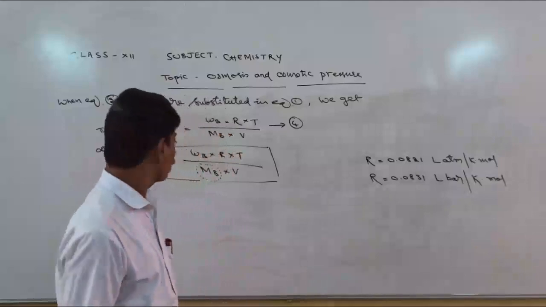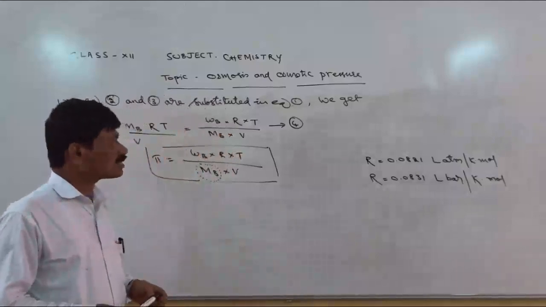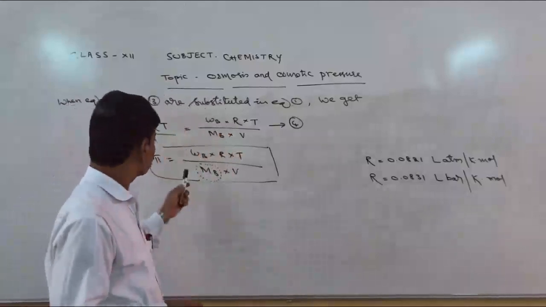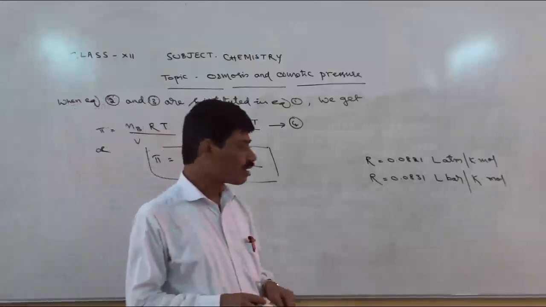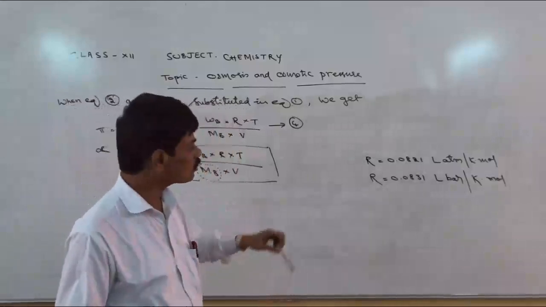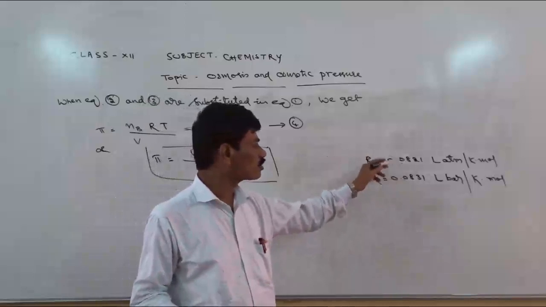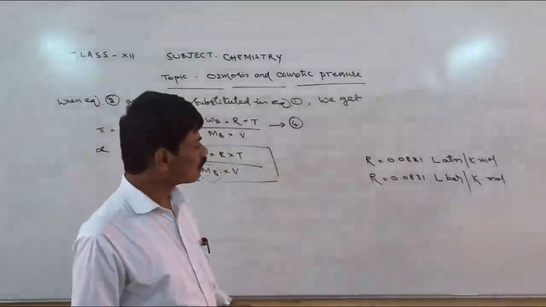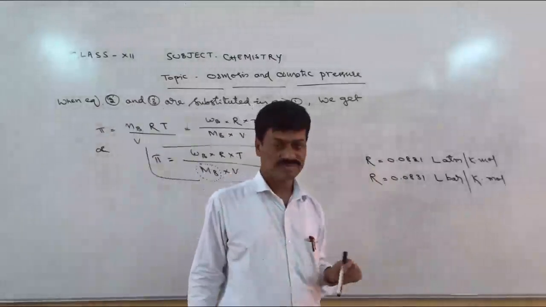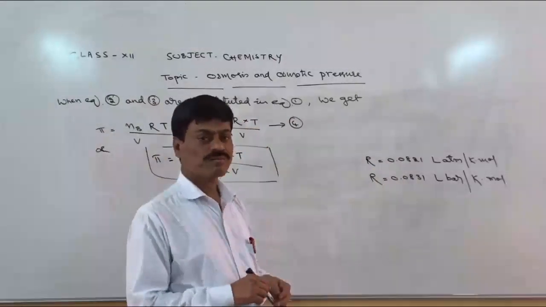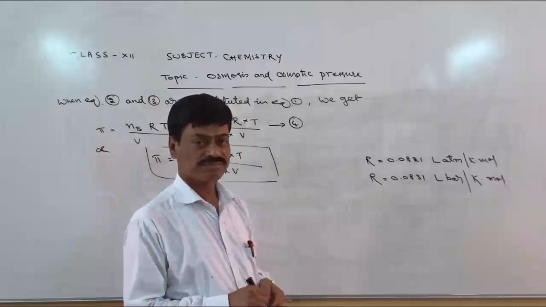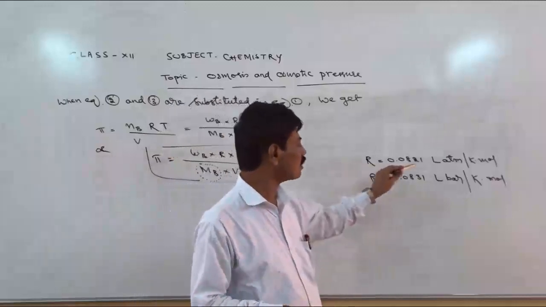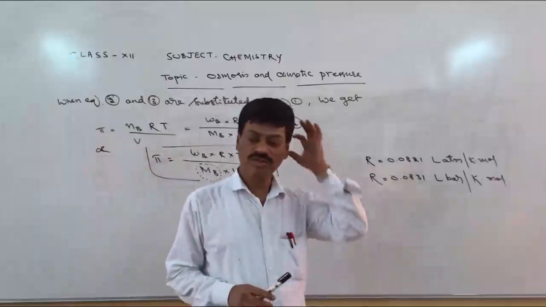Yes, children. Application of osmotic pressure is finding out of molar mass of non-volatile solute. Here you need to remember these two values of gas constant. Depending on the pressure value that is given in the numerical, if pressure is given in atmospheres, then we have to go for the first one, that is 0.0821.